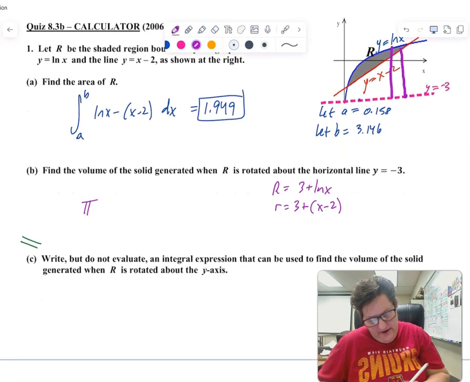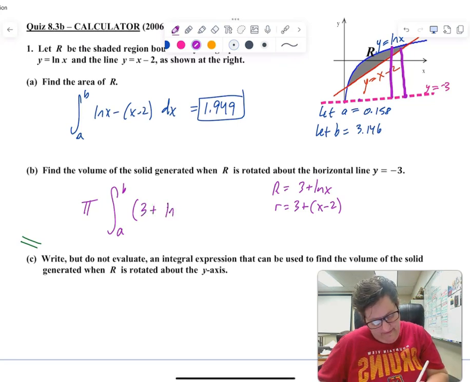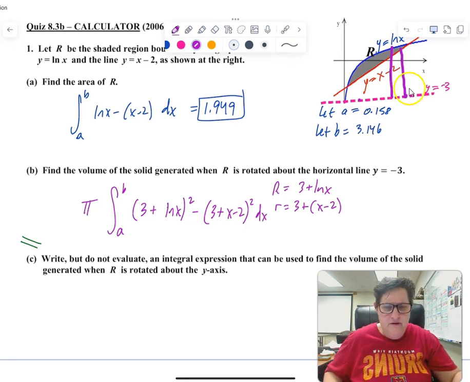And so when I put it in, it's pi. It's still a to b, and we already defined that, so we can let it like that. And then it's going to be big R, little r. I'm going to write 3 plus ln of x squared minus 3 plus x minus 2 squared. Okay, and let's go ahead and calculate that.